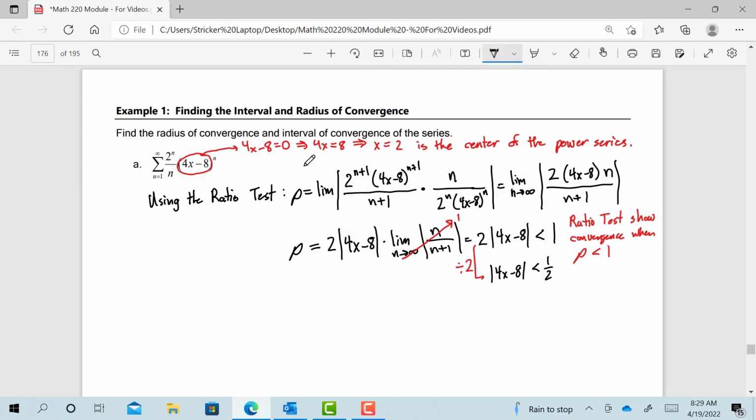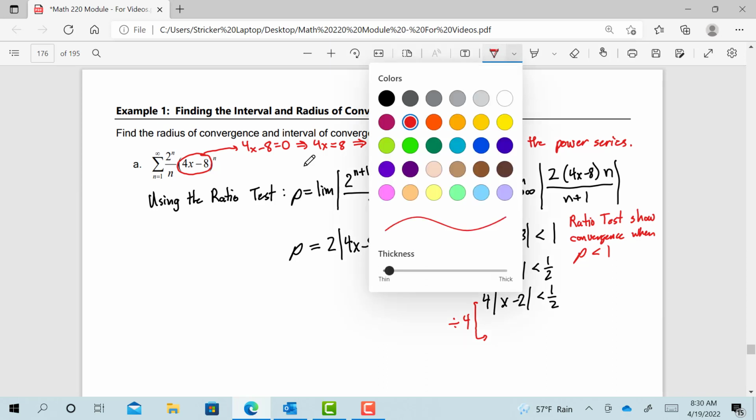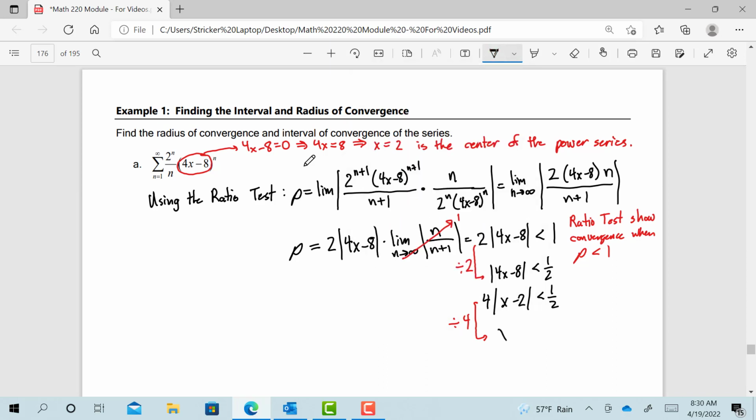And since the absolute value of 4 is 4, we can pull that outside. So we have 4 times the absolute value of x minus 2 is less than 1/2. Again, trying to get x by itself, we divide by 4, and we then get the absolute value of x minus 2 is less than 1/8.